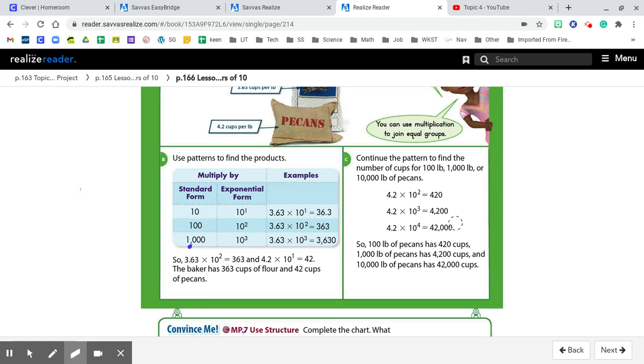So in that case, if you're multiplying 4.2 times 1,000, we're going to be moving the decimal 1, 2, 3 places, and we're going to have to annex 2 zeros for that one to make sure that the reader knows that our final answer is 4,200.